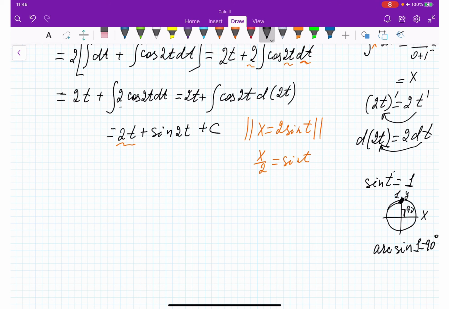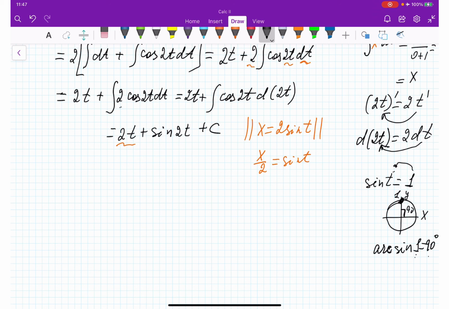If we want to find t, I'm writing down arc. There is no specific explanation for arc, but arc means it's an angle. So the angle of sine 1 is 90 degrees. Let me put it this way: the angle whose sine is 1 is equal to 90 degrees.